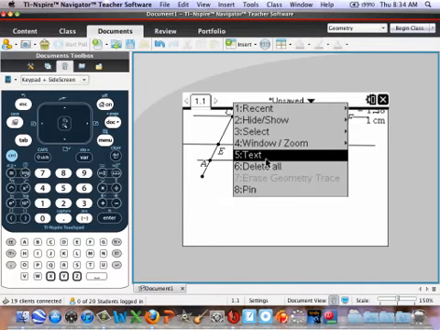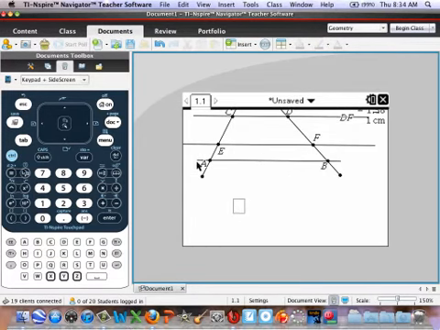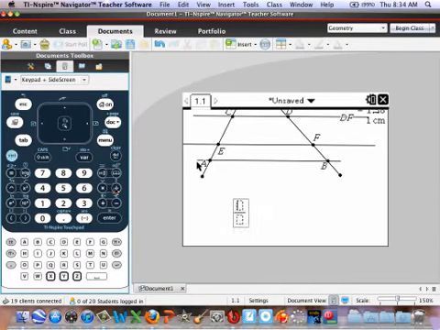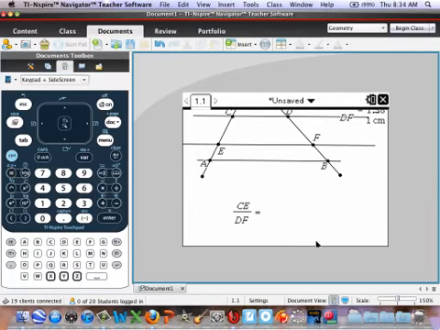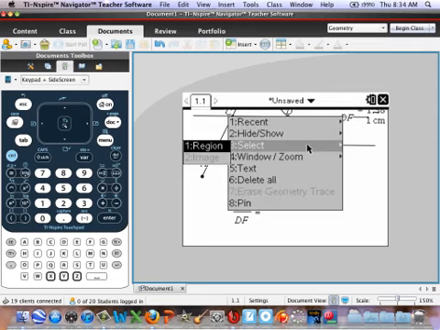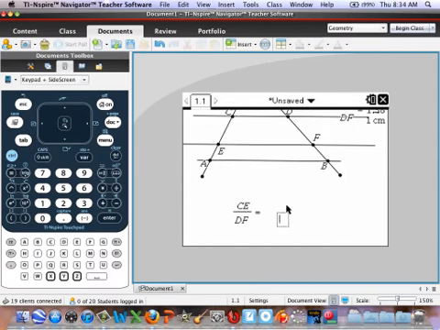So I'm going to put in a new text. Let's do some quick edits here. So we're going to go CD, oh, not CD, sorry, CE to DF equals. Okay, and then I'm going to create a new text box and call that X over Y. Then I'm going to calculate this.